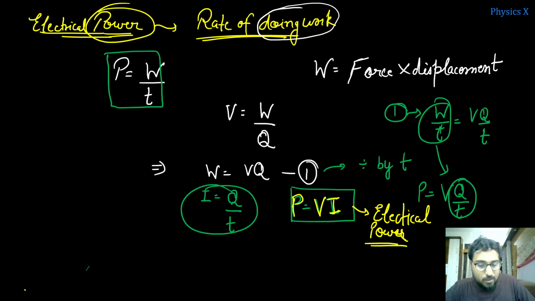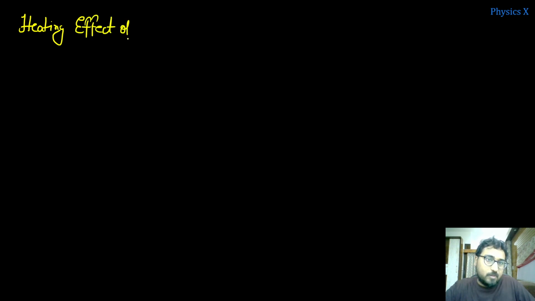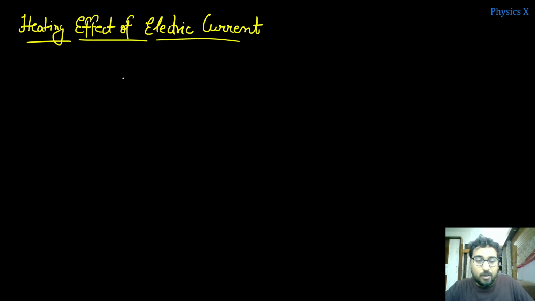Now I want to tell you something about the heating effect of electric current, right? Electric current in general will produce heat energy. The point here is that every device, every load you are connecting, has some resistance, right?